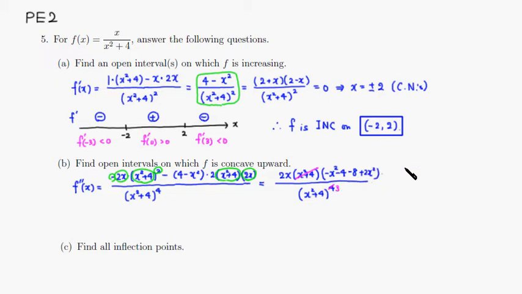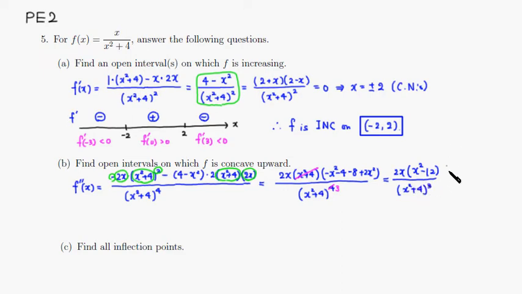Then we can clean up a little bit more, so you have a 2x here. This is going to combine 2x squared and the negative x squared, so it's an x squared and a minus 12, divided by x squared plus 4 cubed.